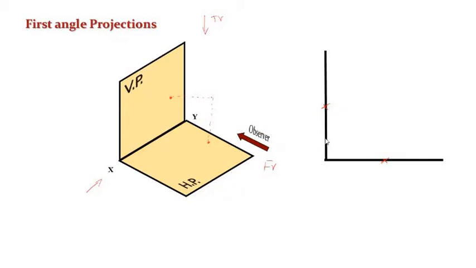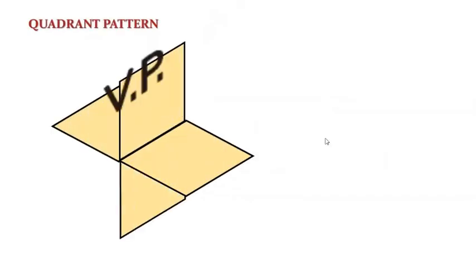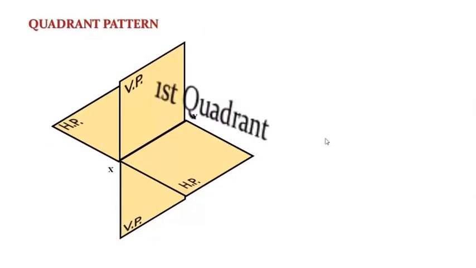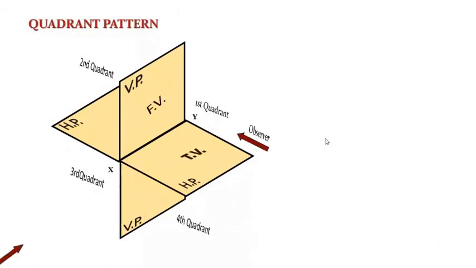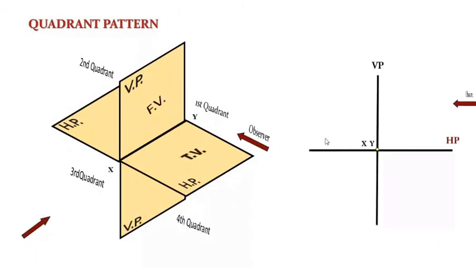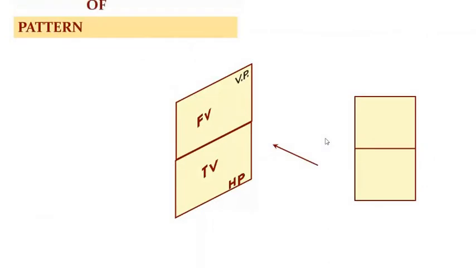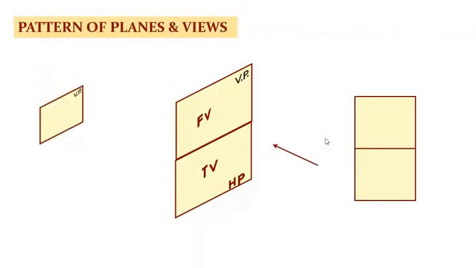In order to make it convenient to draw, what we are going to do is rotate this horizontal plane clockwise 90 degrees like this.